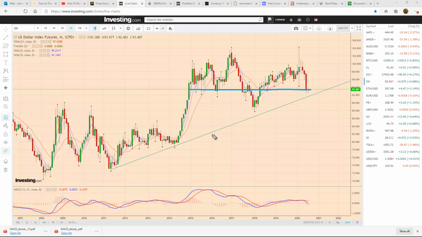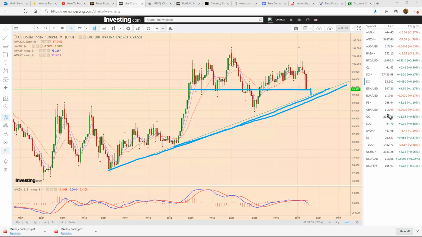And we have a lower support area that I've drawn here on a diagonal, and we could see price approaching and touching eventually this area as a possibility.